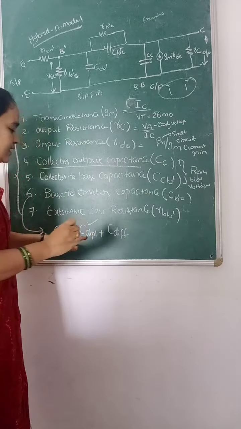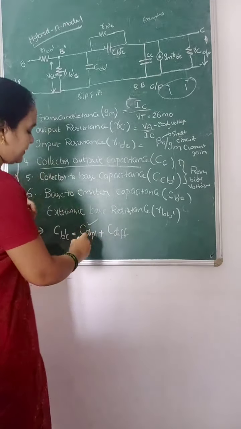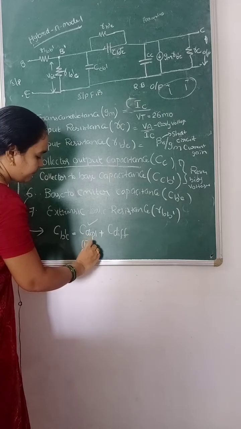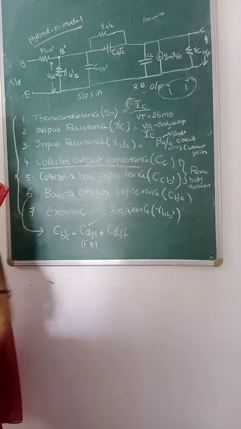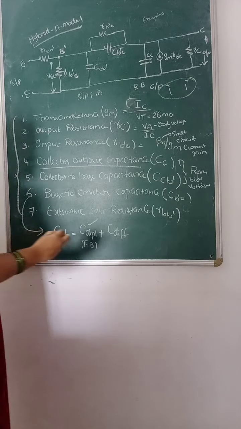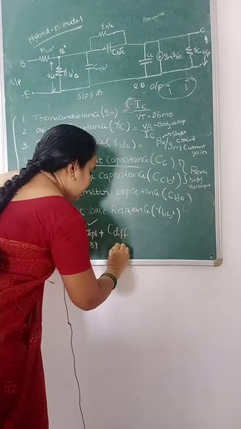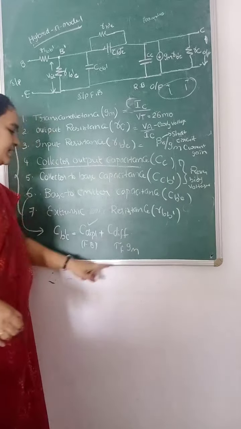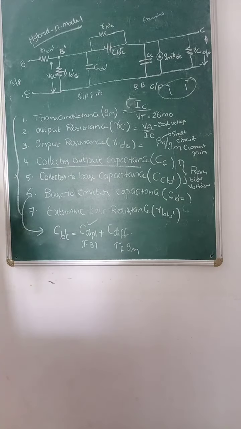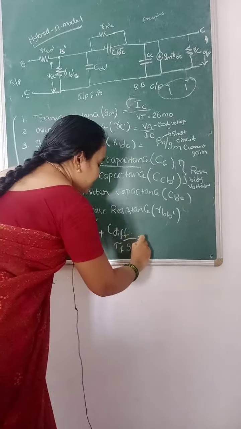Depletion capacitance is the capacitance offered by the forward biasing, and diffusion capacitance is generally written as tau F into Gm, where Gm is the transconductance and tau F is the forward transit time.